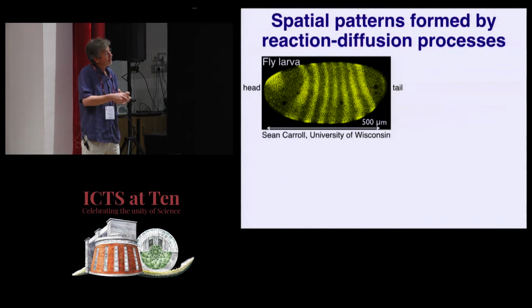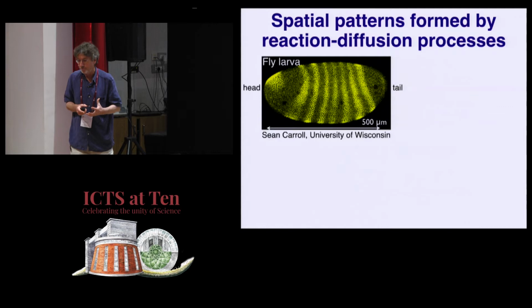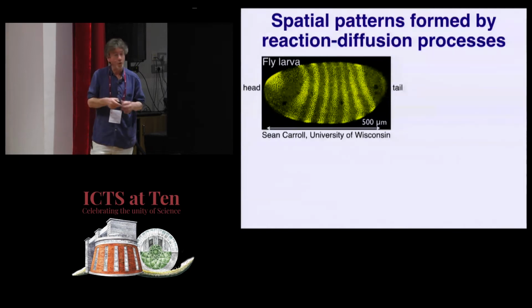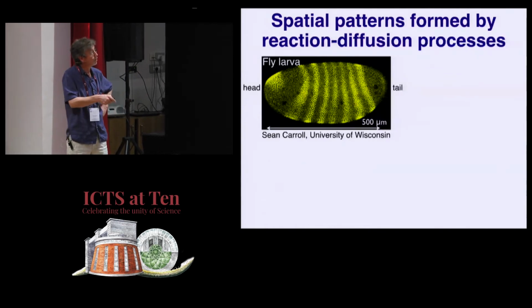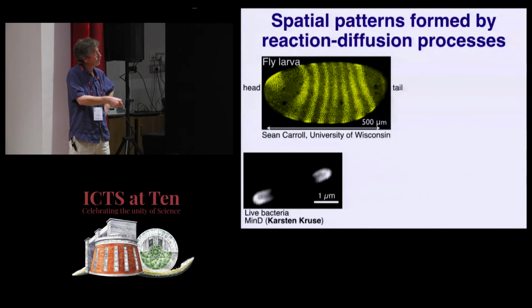But I'd say this is probably not a reaction-diffusion equation, because the diffusion is too slow to be able to generate a pattern which is as large as this, on the order of a millimeter in length. But rather, it's been incredibly productive for looking at patterns in, for example, bacteria on a much smaller scale.